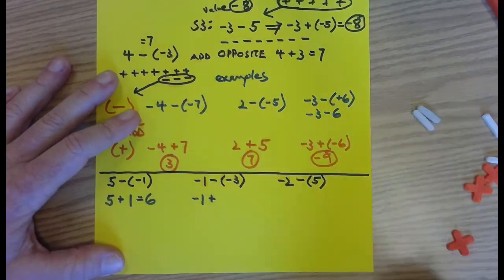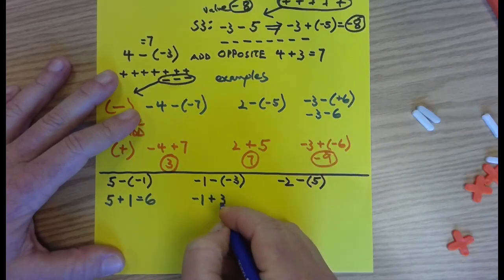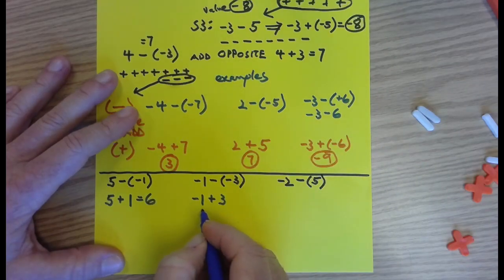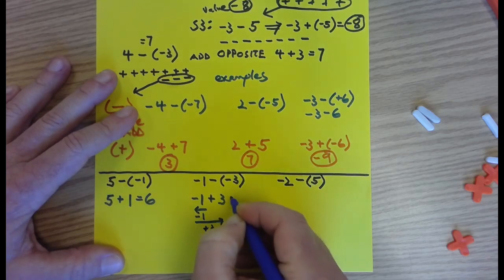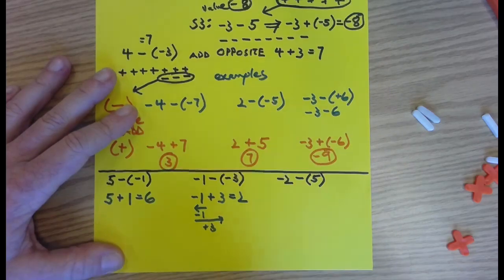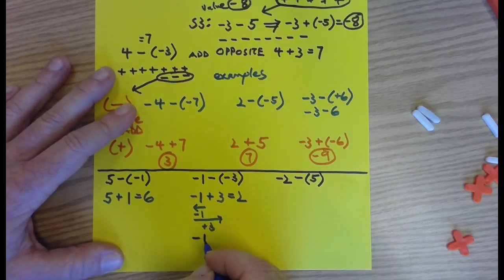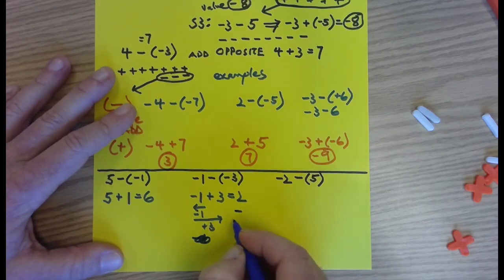What's the opposite of negative 3? Positive 3. And if you think of a number line on this one, it's easy to see left 1, right 3 equals 2. And if you do an integer drawing on this, you would see 1 of those and 3 of those. This is 0 and there's 2.